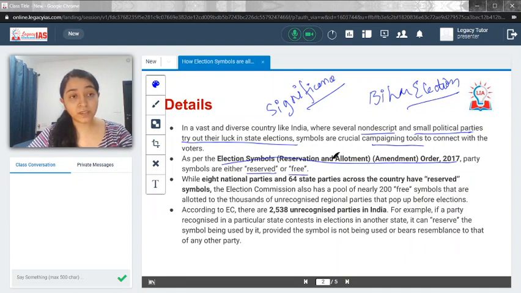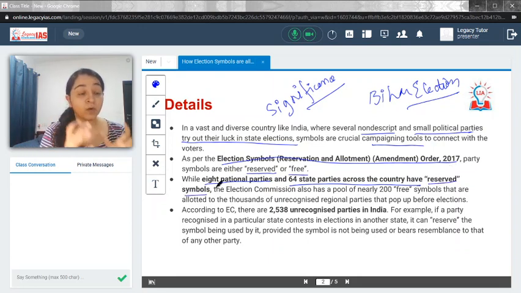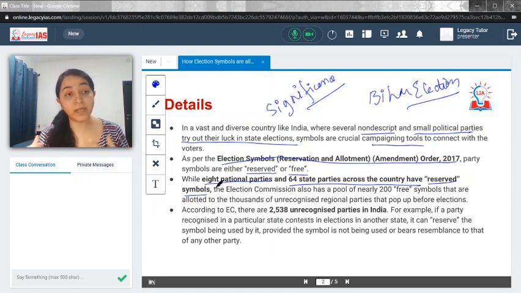Now just try to understand the scope of these symbols. We have around 8 national parties and 64 state parties across the country. So 64 plus 8, these are your reserved symbols. Nobody else can now claim a lotus or a hand or even a cycle. These kinds of symbols cannot be claimed by any other political party.